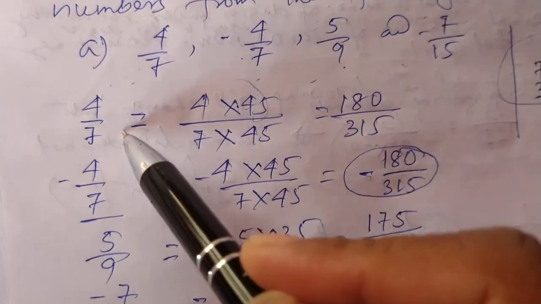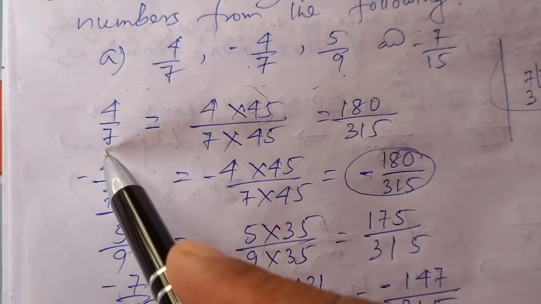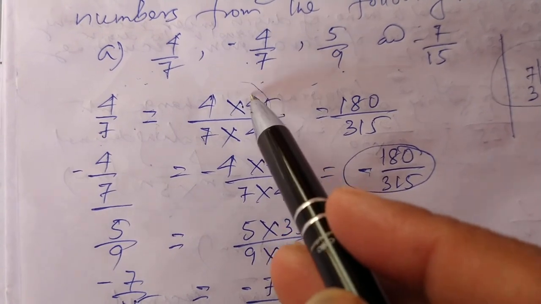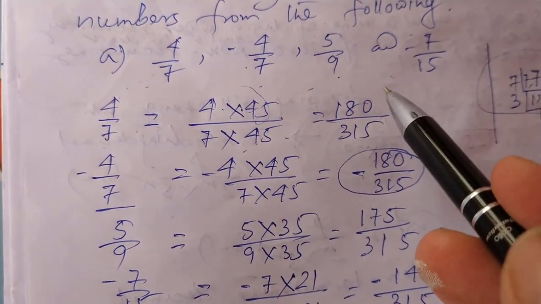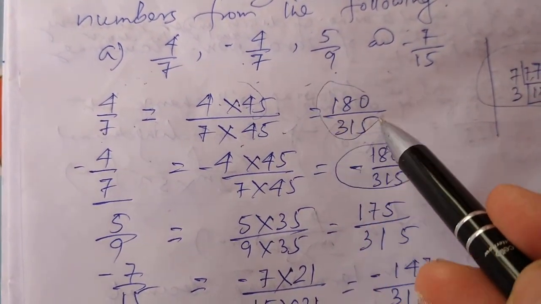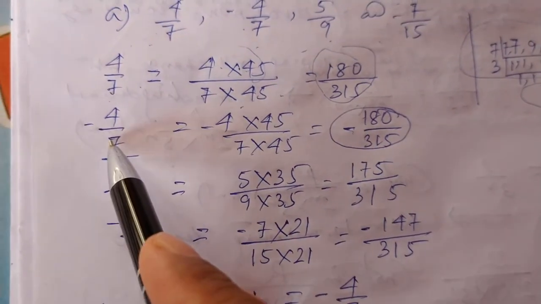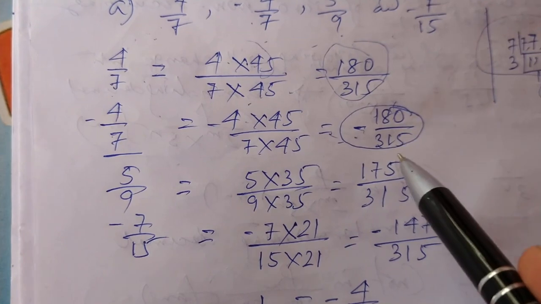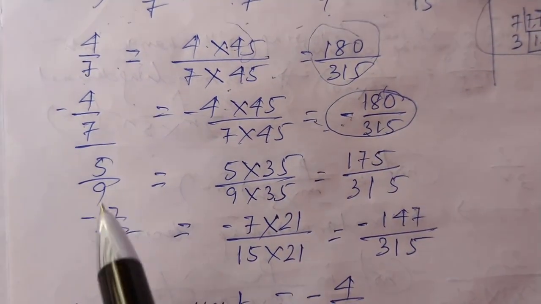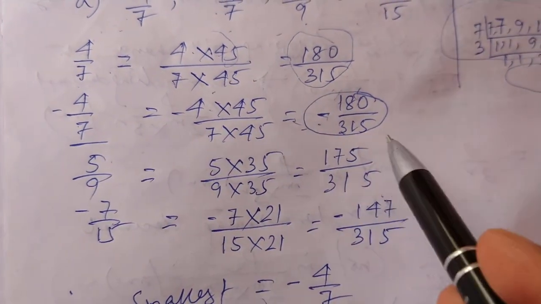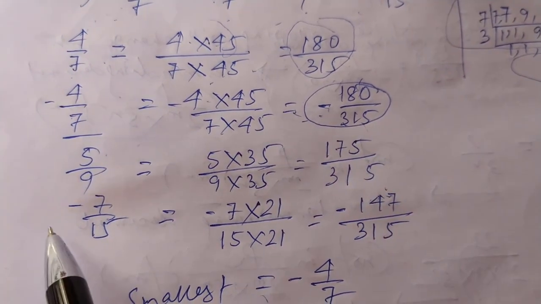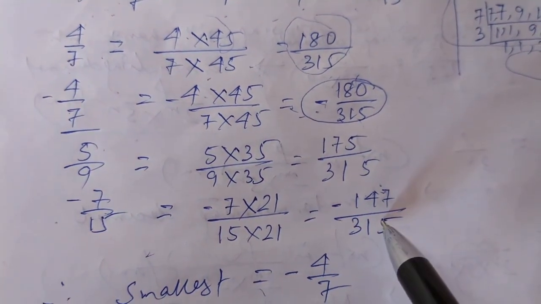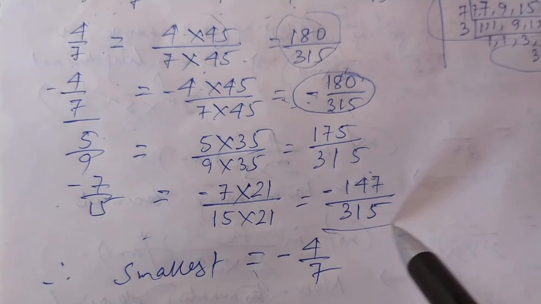First 4 by 7: 315 divided by 7 is 45, so I am multiplying both numerator and denominator by 45. So what is coming? 180 by 315. Next one, except the negative sign, all the same, so it is minus 180 by 315. Then 5 by 9 is 175 by 315. Minus 7 by 15 is minus 147 by 315.